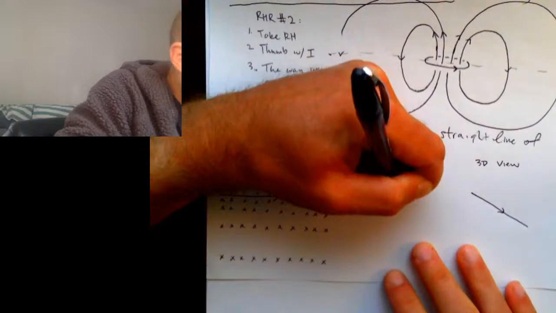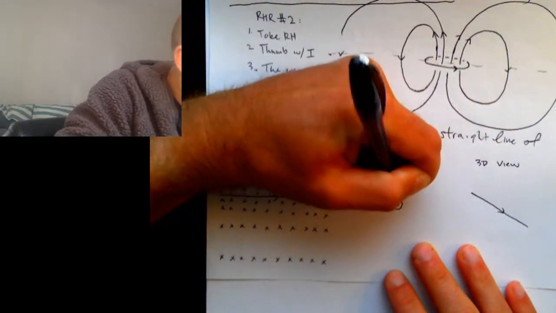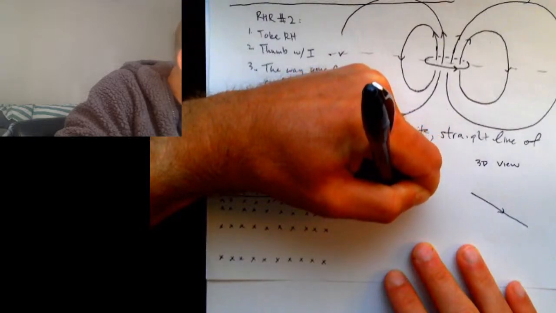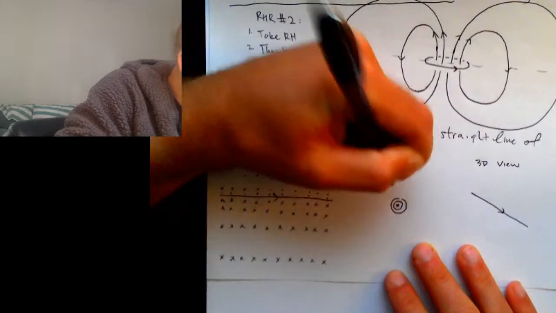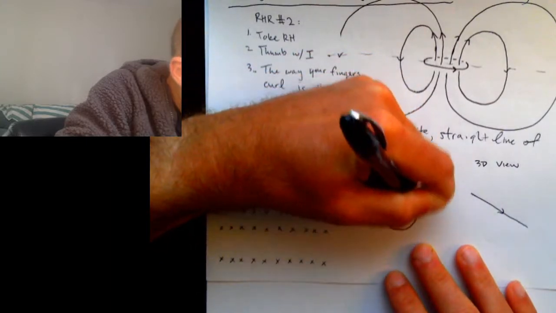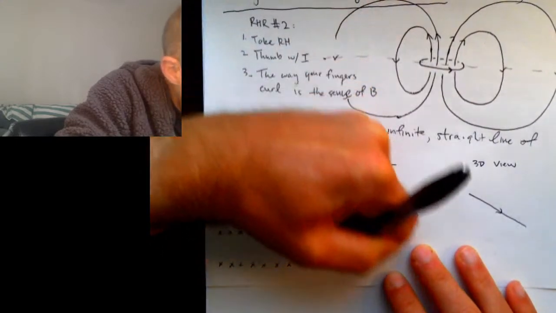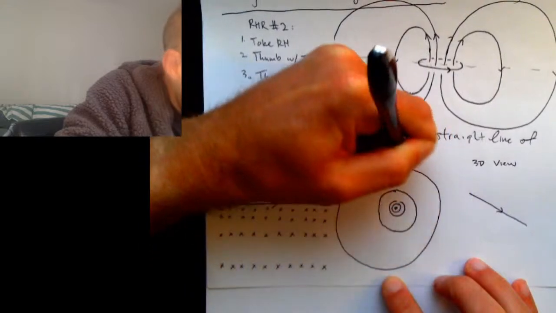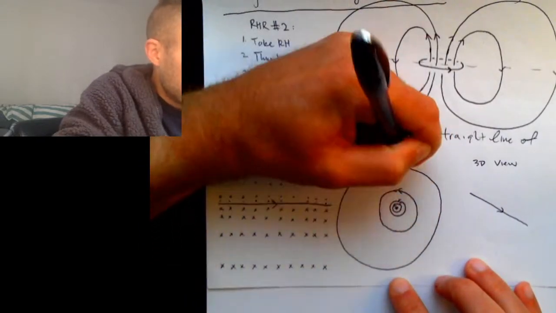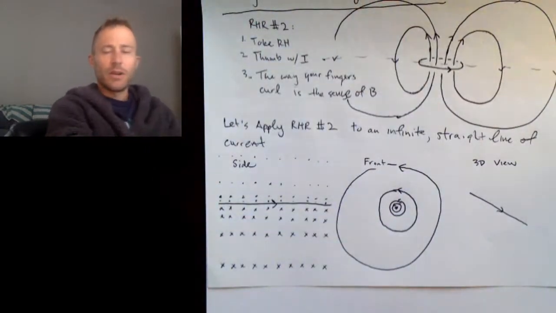So the magnetic field is going to make counterclockwise loops around the current. These are supposed to be circles, but I'm failing miserably at that. Concentric circles is what those were supposed to be. Okay, so the magnetic field is going around like that.